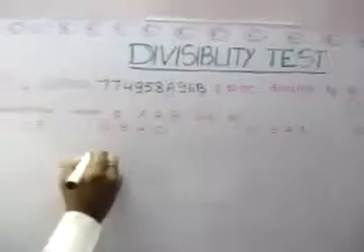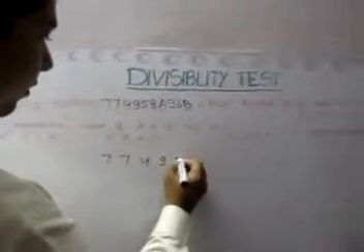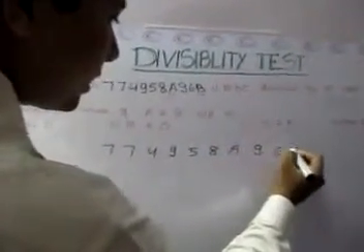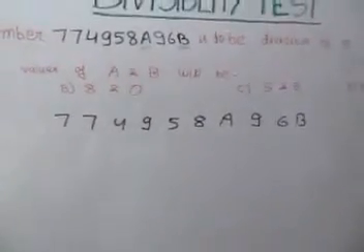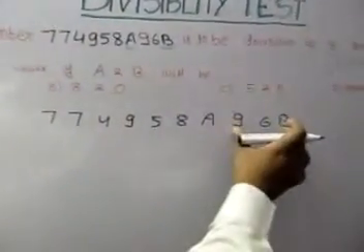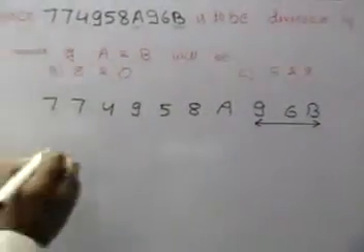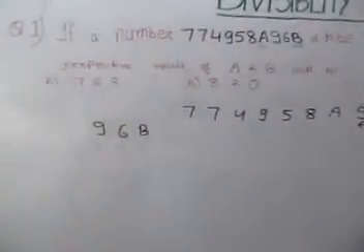Now let us see. The given number is 774958A96B. This number is divisible by 8. If a number is divisible by 8, that means the last three digits must be divisible by 8. That means 96B is divisible by 8.